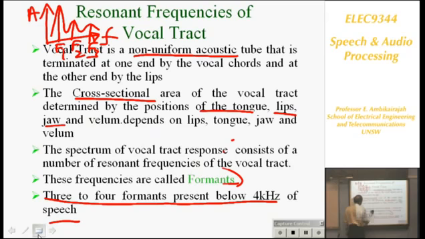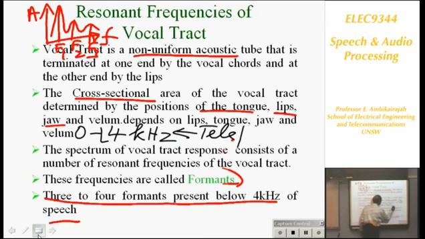So you can say 4 kilohertz is the bandwidth, 0 to 4, and it's telephone speech. But the next question is, what's the actual bandwidth when you speak? When I'm speaking and when you are hearing, we are talking about a wide band.